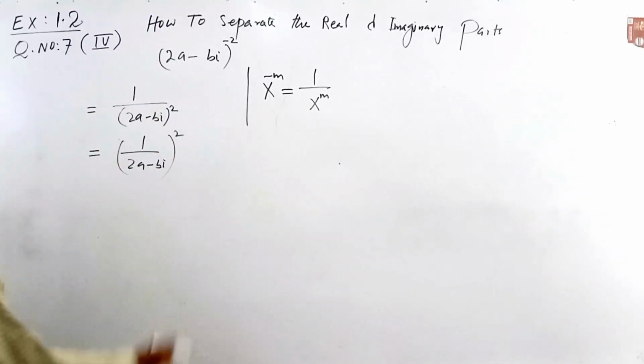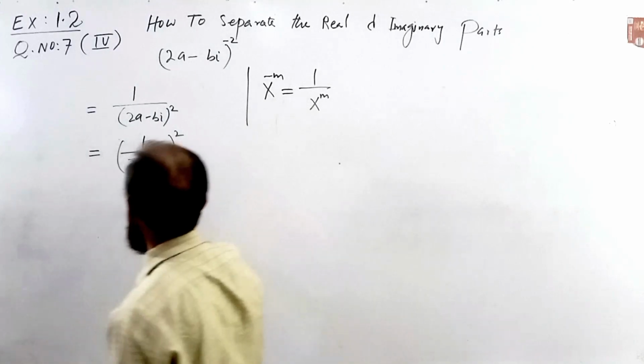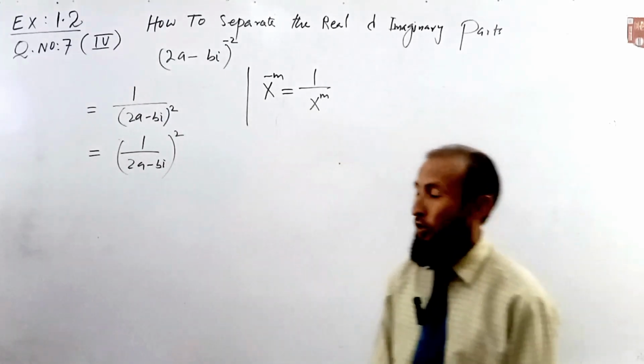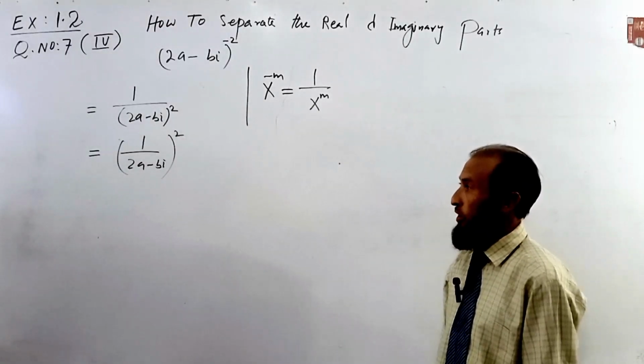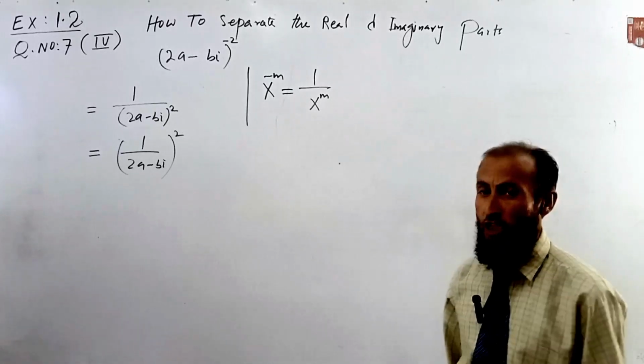Now here in the denominator, iota gives the problem, so we will reduce this one. We are trying to finish this term.